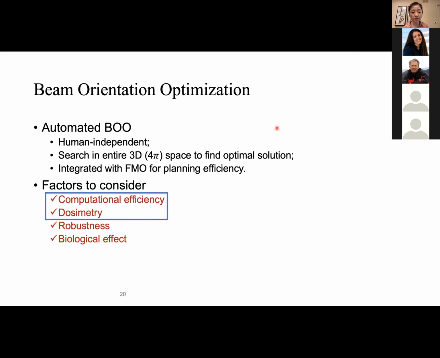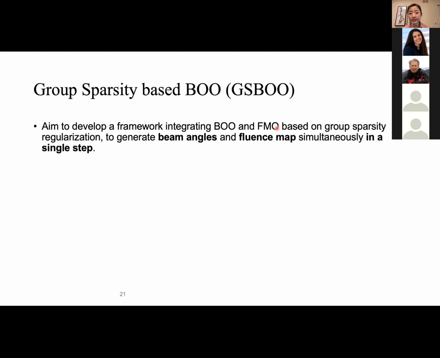Let's focus on the computational efficiency and the dosimetry first for now, and see if we can have this framework targeting these two factors. Therefore, next I will talk about a group sparsity regularization based BOO, which uses group sparsity to integrate BOO and FMO, generating beam angle and fluence map in a single step.